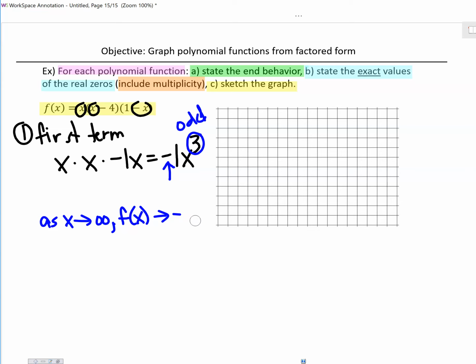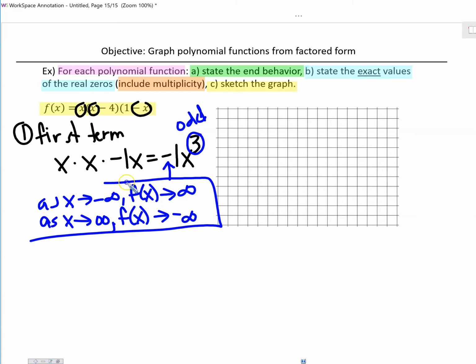And that means because we're odd, then our left end, as x goes to negative infinity, our function values will have to go to positive infinity, like so. All right, so that's part A, done.